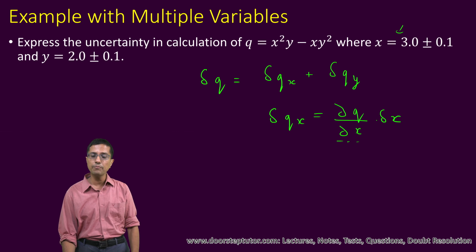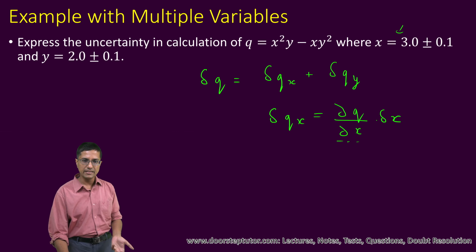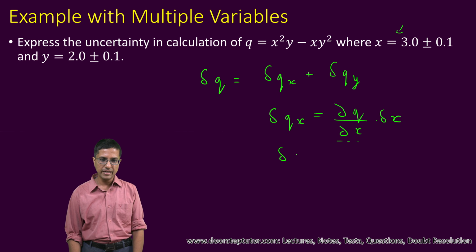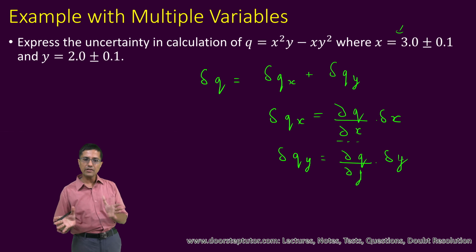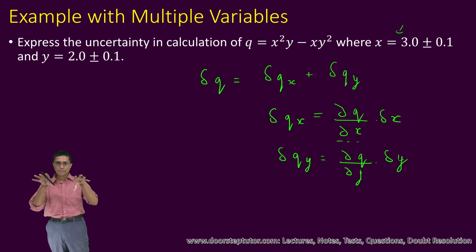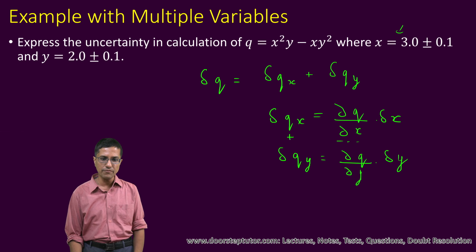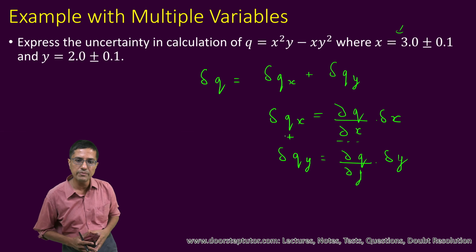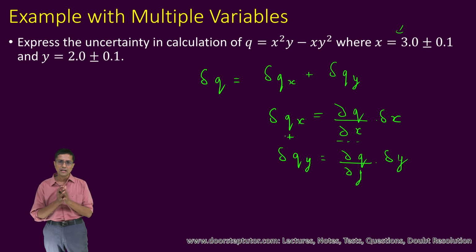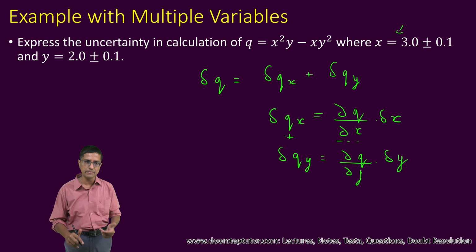This is the sign of partial differentiation, and similarly delta q y is nothing but del q by del y multiplied with delta y. So it is the error only due to y. Now if I sum those two, then I get my total error. So my total error is just the sum of these two. That is the concept that we will be using. Very, very simple. Nothing complicated.